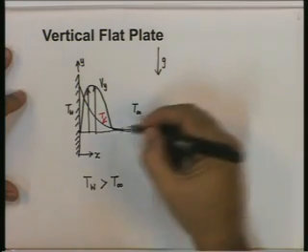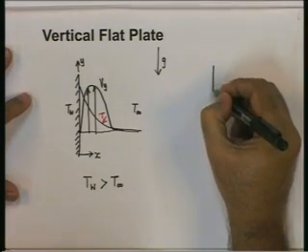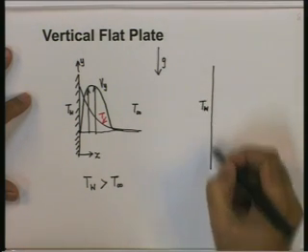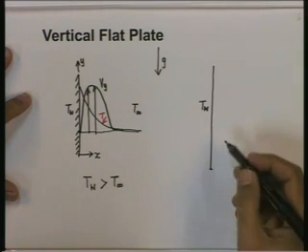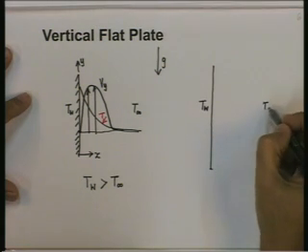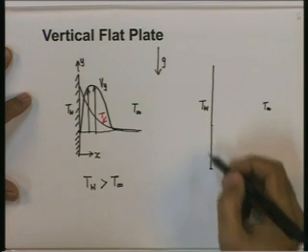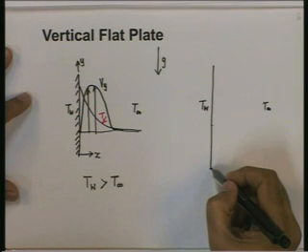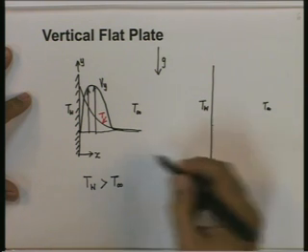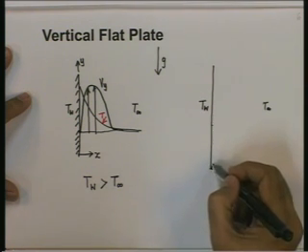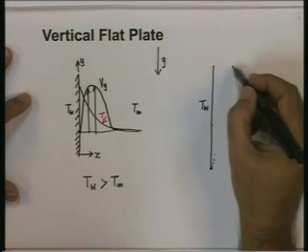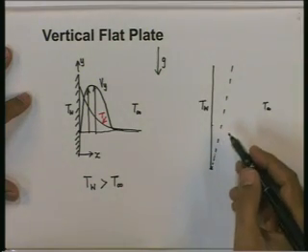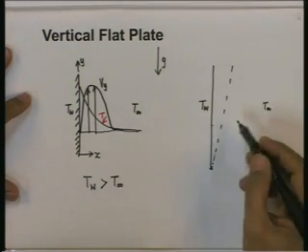Now, if you look at this situation at different values of y, let us say this is y equal to 0, and we are looking at various situations. Near the wall, bottom edge, there will be a very thin effect of this boundary layer, but that boundary layer will start growing, and we will end up with a zone near the wall like this, which we would call the natural convection boundary layer.